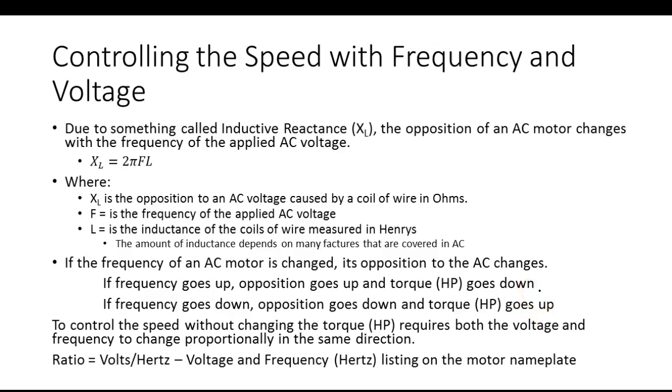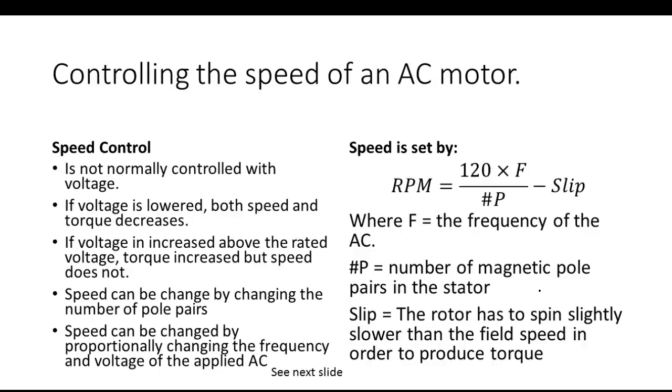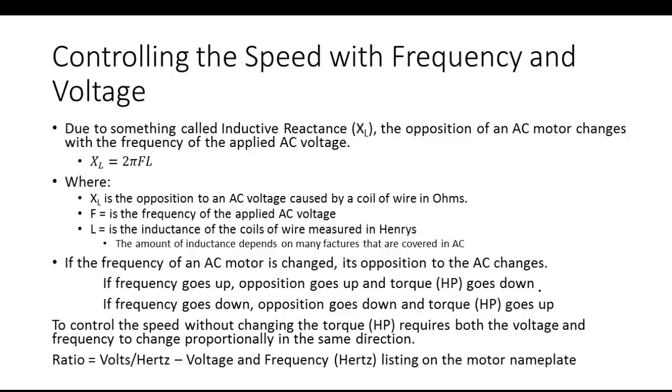So 2 pi FL. So what happens when you change the frequency on that? It looks like I can change the frequency on these things, right? But what if I change the frequency on an AC motor? Well, if I change the frequency, I change the opposition.